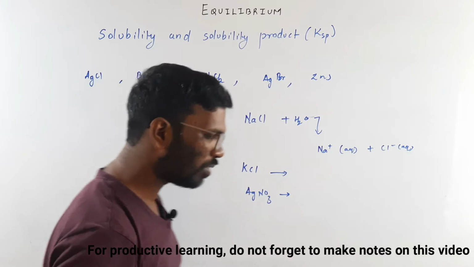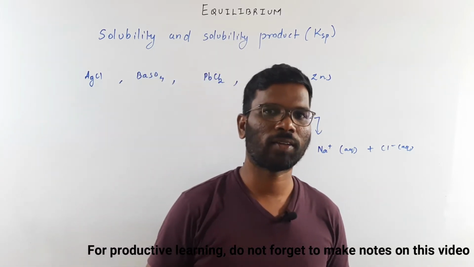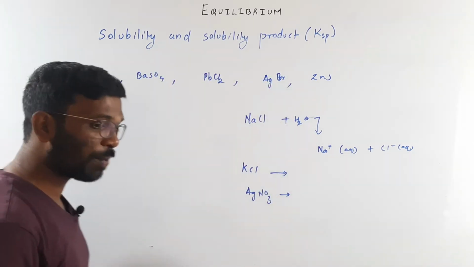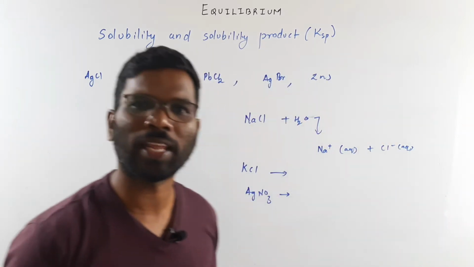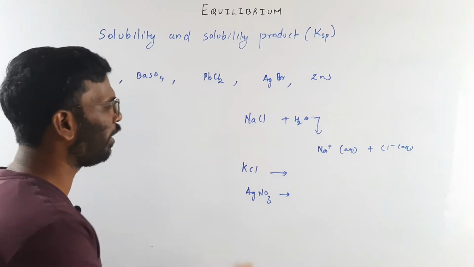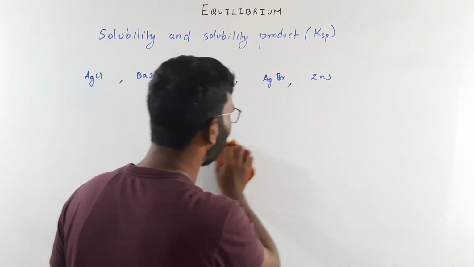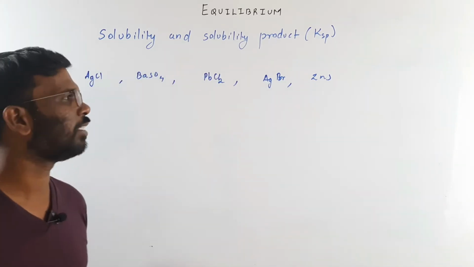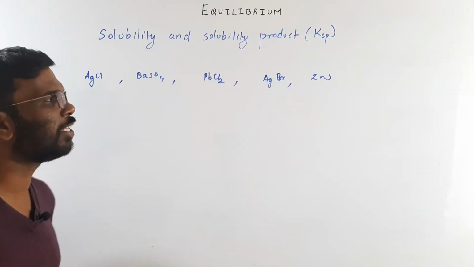These are the salts which are sparingly soluble, meaning very little amount dissolves. If you take 5 gram, very little, say 0.1 gram or 0.001 gram of that compound, will go into the solution, and the remaining weight will remain as it is, right? These are the salts which are sparingly soluble.